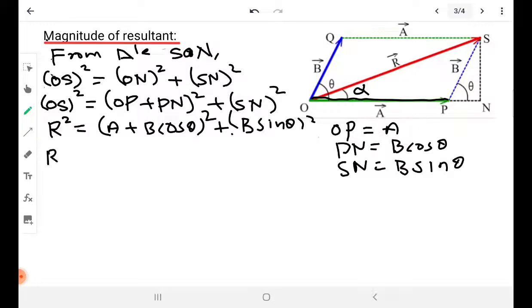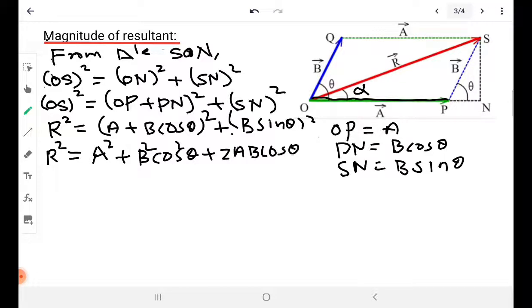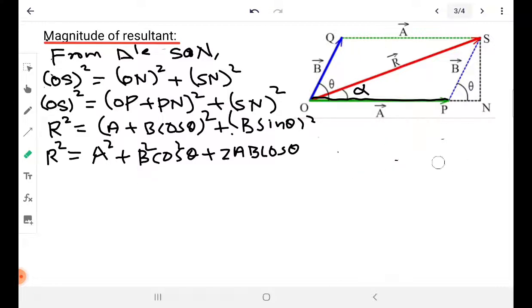Next step, now R square is equal to A square plus B square cos square theta plus 2AB cos theta plus B square sin square theta.